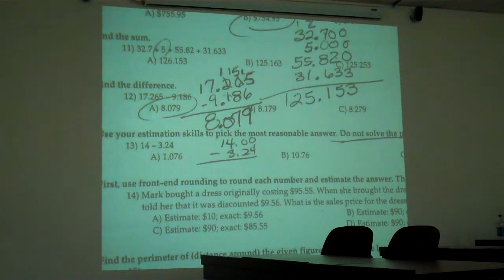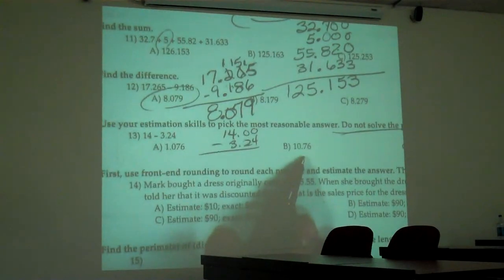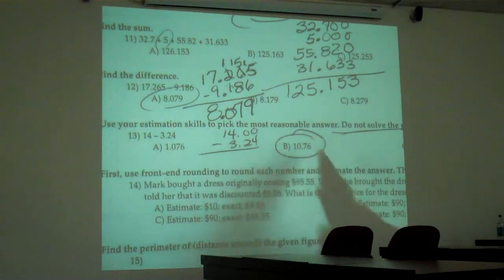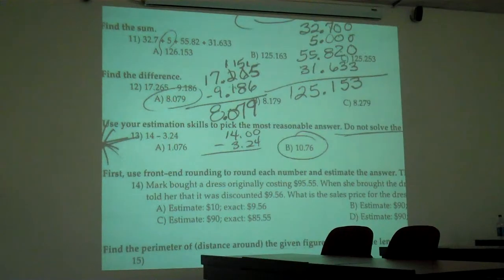So which one would be the most reasonable, looking at them? 1 point something? No. 10.76, right? I'm going to have to check that one on the test and see if it stayed multiple choice, because you'd have to actually subtract it if it doesn't have one to pick.